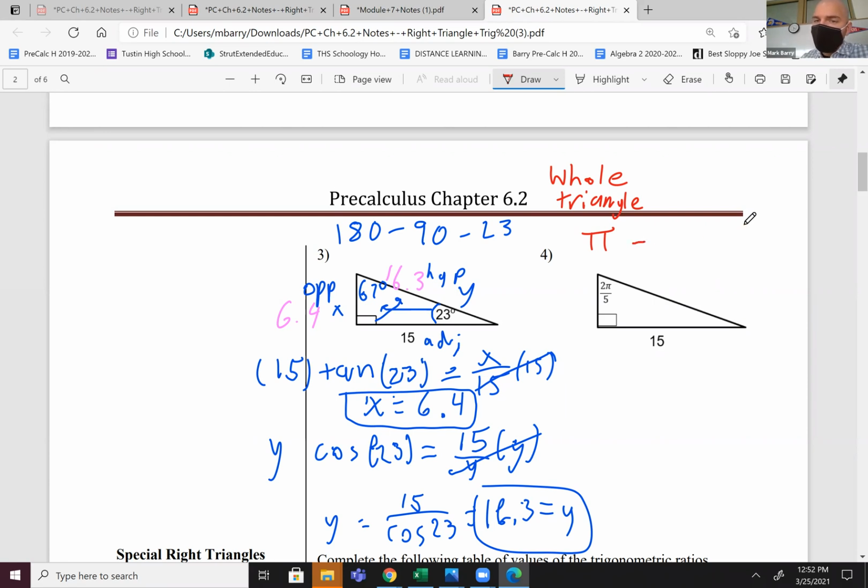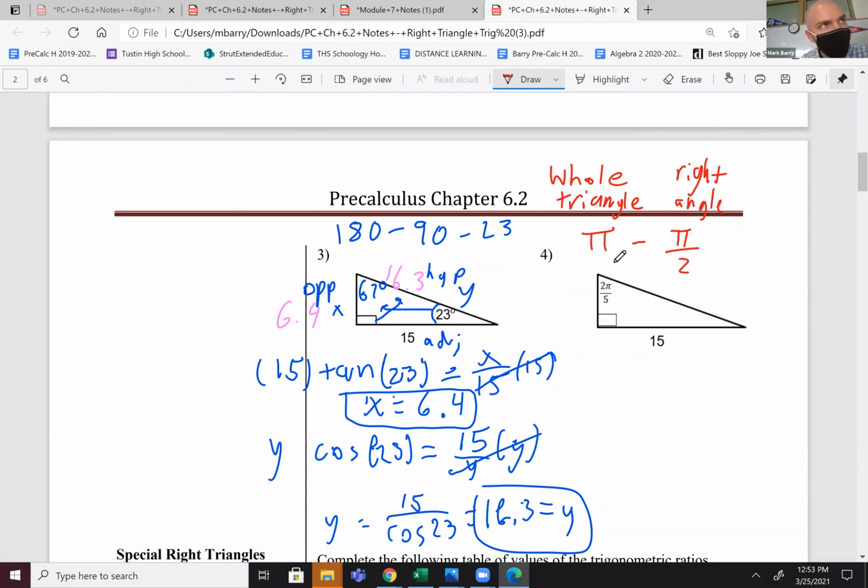Now we need to subtract out the right angle, just like we did over here. The right angle in degrees was 90 degrees. So what's the right angle in radians? Well, we can do a little trick here. If the whole triangle is 180, then the right angle is half of that, correct? So same thing here. If the whole triangle is pi, then the right angle would be pi over 2, half of that.